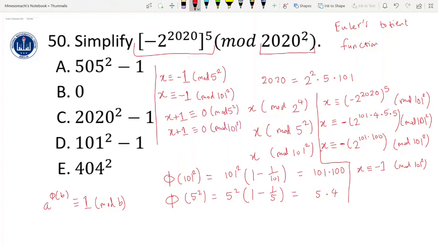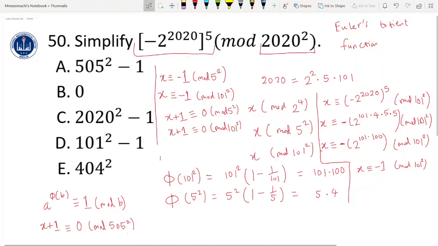And so this implies that x plus 1, the board is getting filled up, so I'll just put it here, x plus 1 is congruent to 0 mod 505 squared. Okay, so let's move on to the final bit.